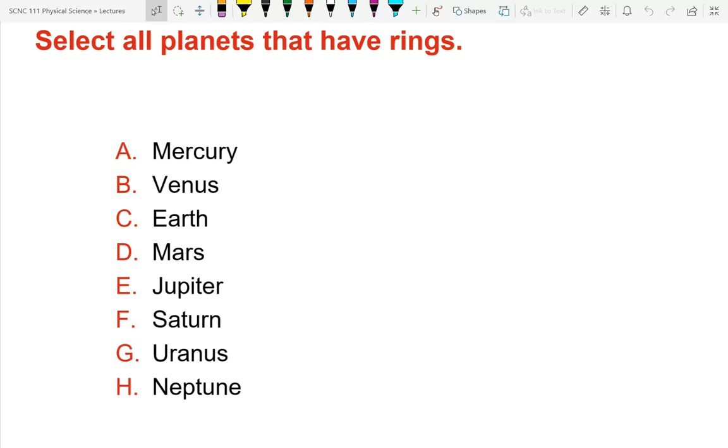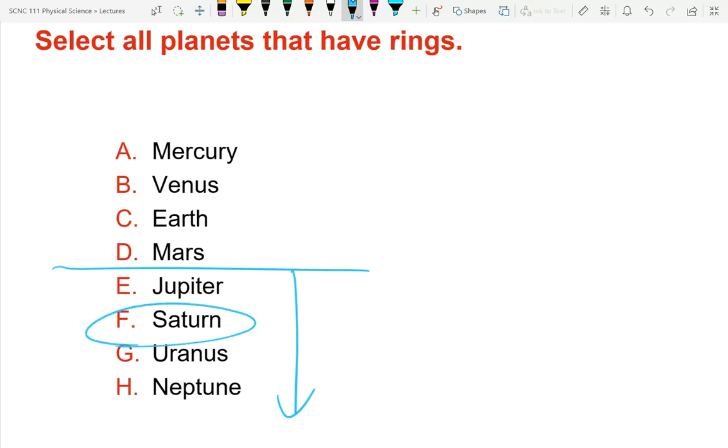That's what she had a minute ago. Well, I'm going to go on because we're out of time. All of the gas giants have rings around them. We think of Saturn, but Jupiter, Uranus, and Neptune all have rings around them as well.